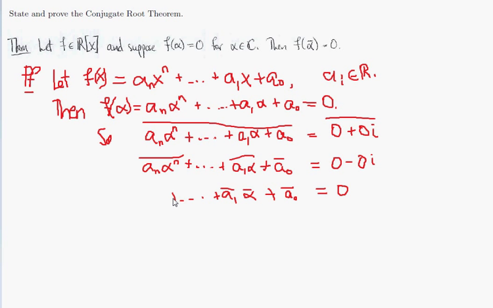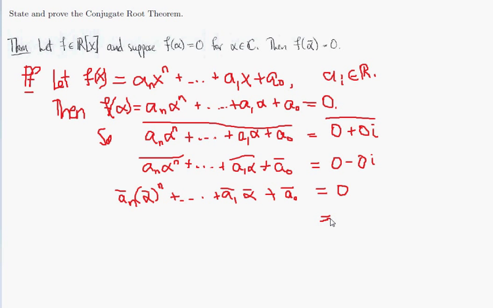And then we have a sub n conjugate times alpha conjugate to the nth power, just using that multiplication rule n times. Now, technically, that needs to be proven by induction, but that's fairly straightforward to do.